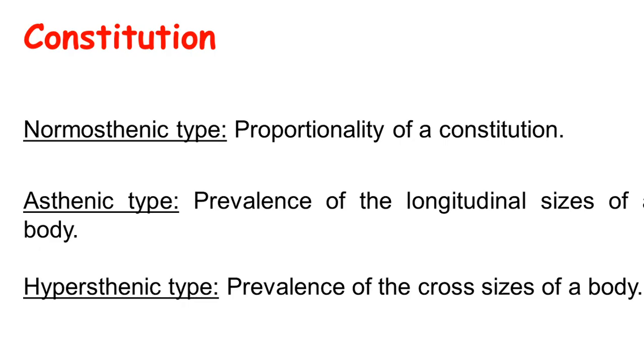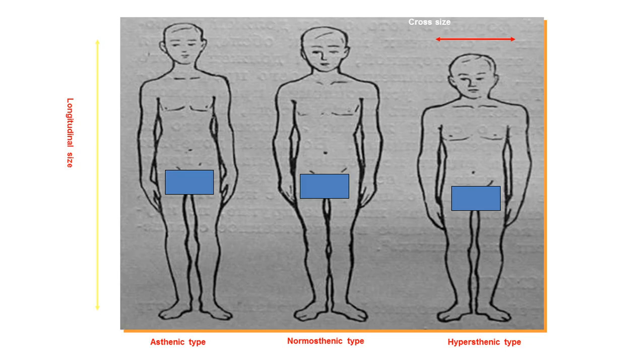Constitutional types. There are three types: normosthenic, asthenic, and hypersthenic. Normosthenic type is a proportional constitution. Asthenic type is characterized by prevalence of the longitudinal size of the body, and hypersthenic type has prevalence of the cross size of the body. Here is normosthenic type.